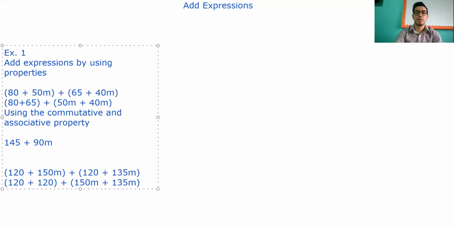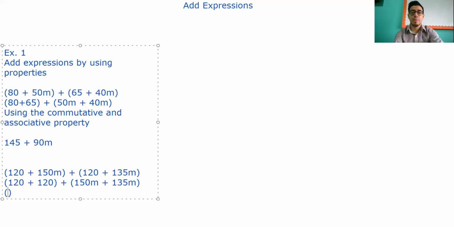This is what we have. Then, how can we solve this? Remember, each one of them pays 120. So if we add both amounts, we have 240 plus the addition of this, 285 with the variable M. So I can eliminate the parentheses now. I don't need the parentheses.